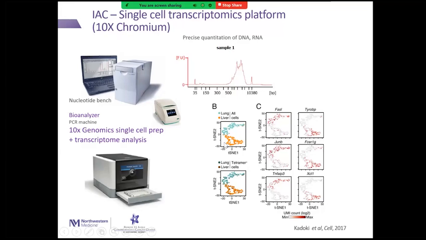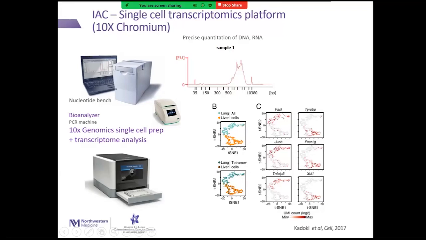As you can see in this t-SNE plot, they clustered very beautifully for lung and liver cells. And when you superimpose it with the tetramer positive cells, you'll see very clearly how these tissue-specific genes clustered here in this t-SNE plot with their lung and liver tissue samples.